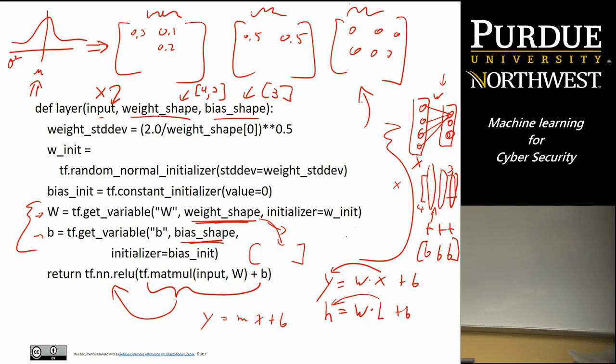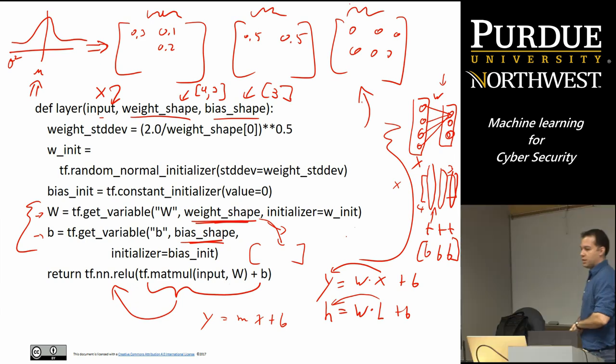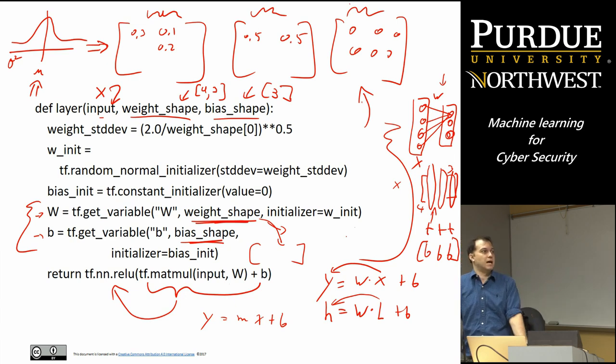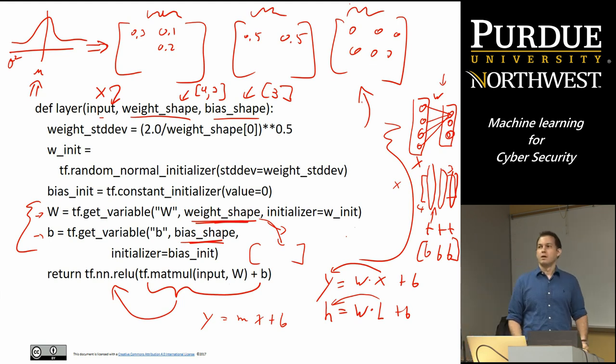And then all of this gets plugged into the activation function tf.nn.relu. Now there are many activation functions that we haven't explored, tanh and whatever. This is currently considered to be the best one. Why is like a proof beyond the scope of this class, but you can always look it up and convince yourself of that.